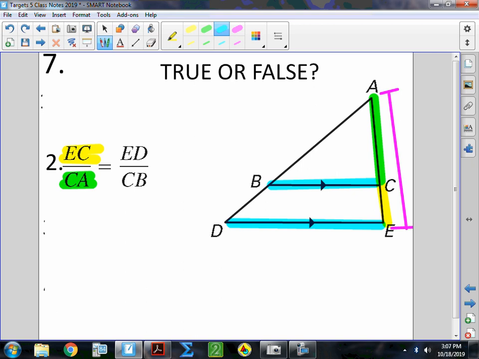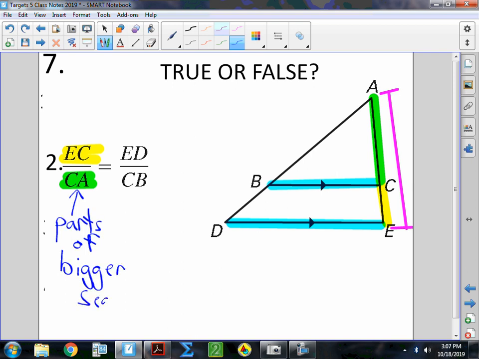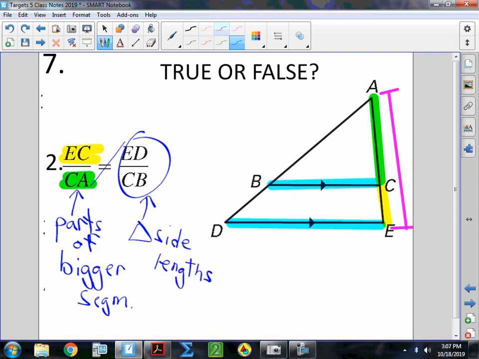The green and yellow are both parts of a bigger segment. BD and CB are both triangle side lengths. That will never make a fraction. I'm not doing that to cross multiply. I'm saying no. So this is false. Not false question mark, false definitely.